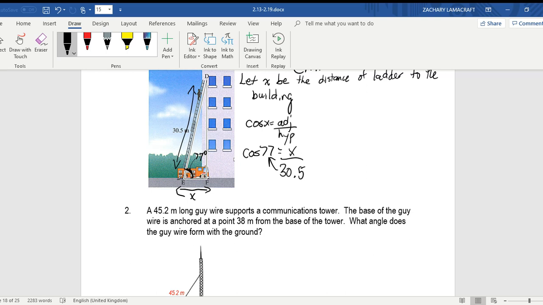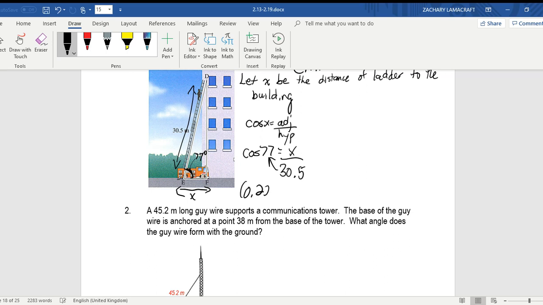But first we want to figure out what cos 77 is. Does someone mind writing in the chat what cos 77 would be equal to? Okay, so 0.2249. In this case, you can either put that or 0.2250. Either one works. We'll stick with what you guys said.